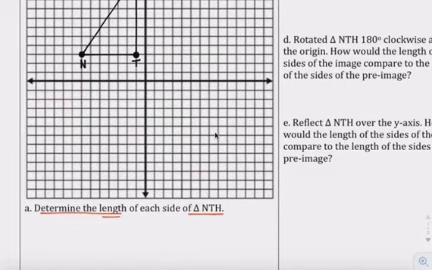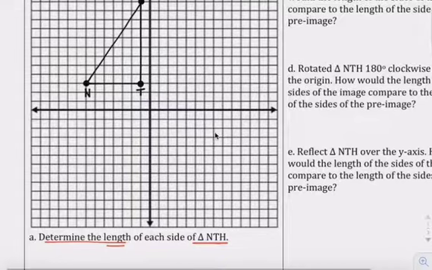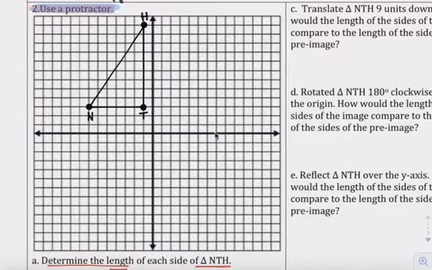I can't show this on the iPad because you can't see it, but you use your protractor and measure using the inside, the centimeter. Inside the half circle, the semicircle, it says centimeters.